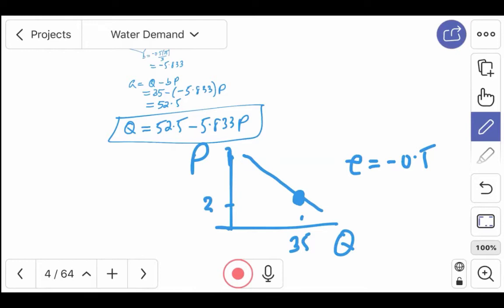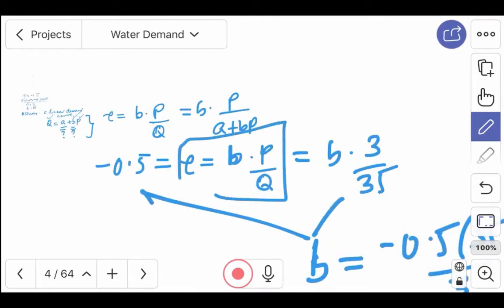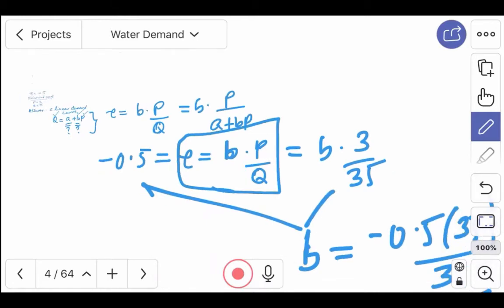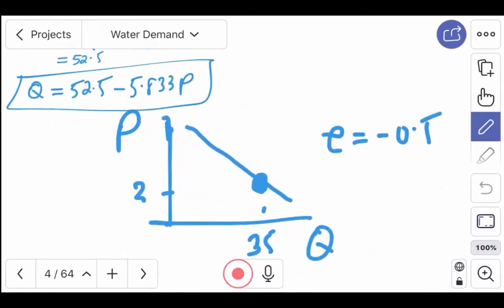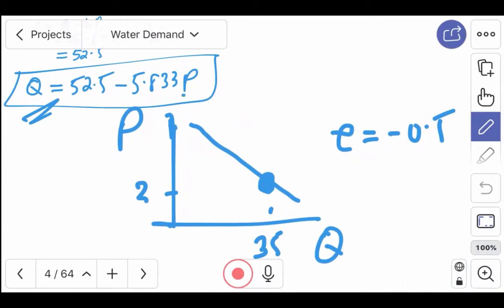We know how elasticity relates to the parameters of the linear demand function, so we use that to find the slope, and then we use the quantity and price data we had along with the slope to find the intercept. And then that means we have created a demand curve that we think could represent what we have here. Let me see if this is clear or not clear.